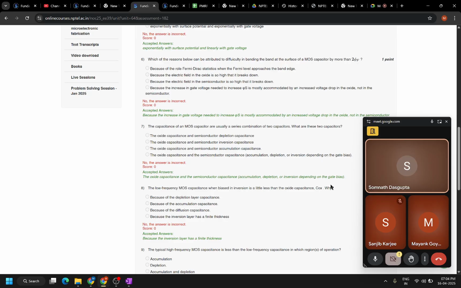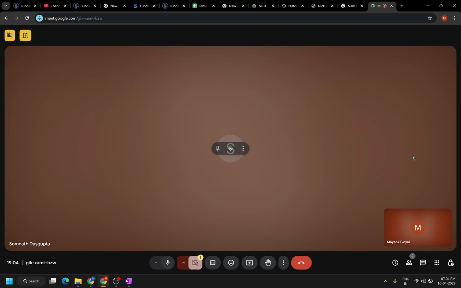Hello, sir. Sir, if possible, can you give some idea about the theory part of MOSFET, the substrate bias effect, subthreshold conduction, and the short channel effect? These are the MOSFET parts.